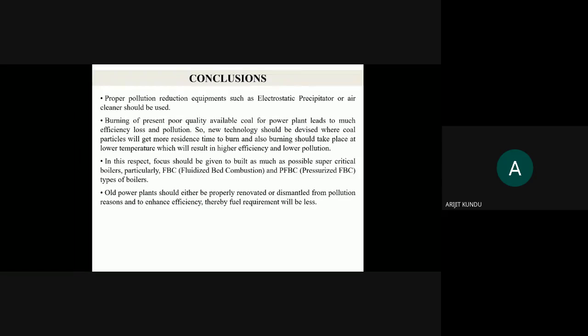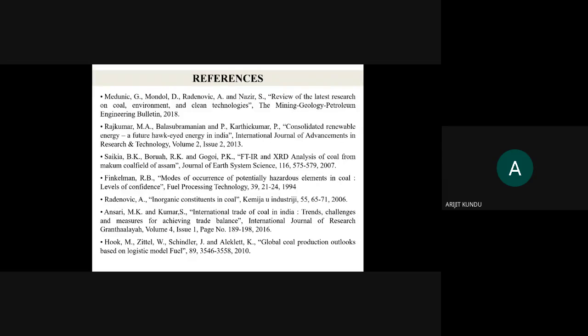In this respect, focus should be given to building as many supercritical boilers as possible, particularly FBC and PFBC. And the last one is that old power plants should either be properly renovated or dismantled from polluted regions, to enhance efficiency so that fuel requirement will be less. So these are the references that I have used, and thank you.